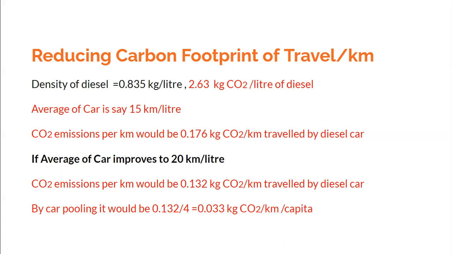So instead of 0.132, the carbon footprint has gone down to 0.033 kgs of CO2 per kilometer per capita. Okay, so this is very interesting, right? And this understanding is very crucial if you want to intervene and reduce the carbon footprint from traveling.